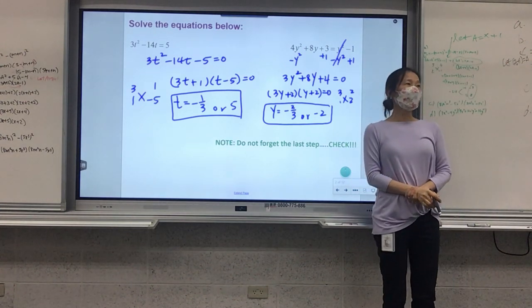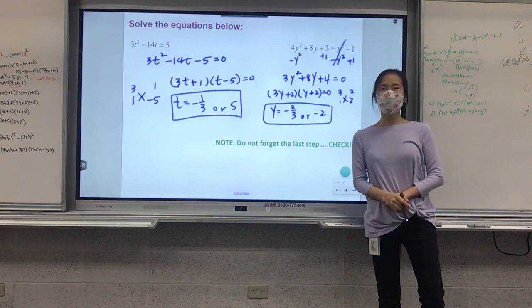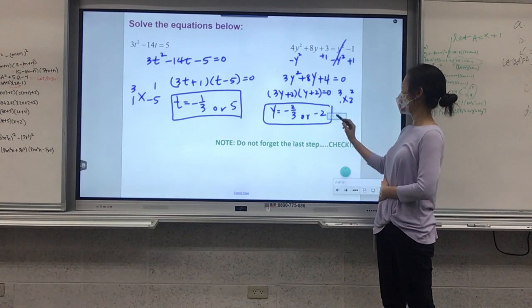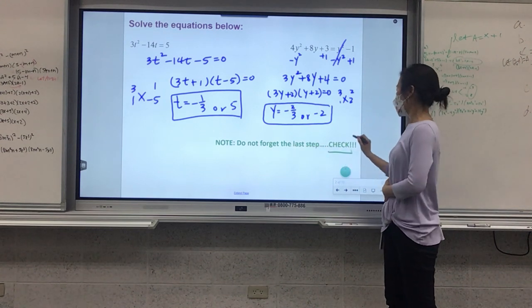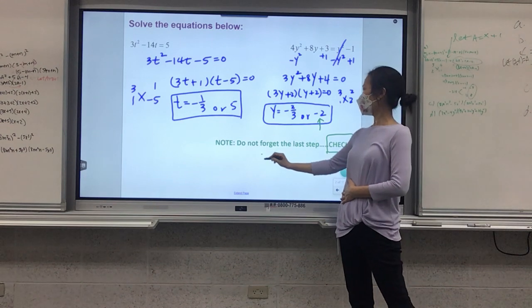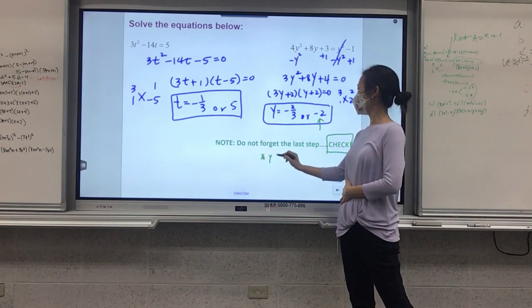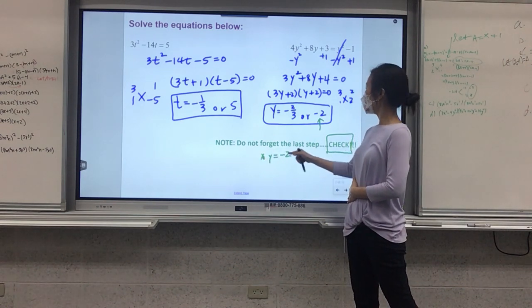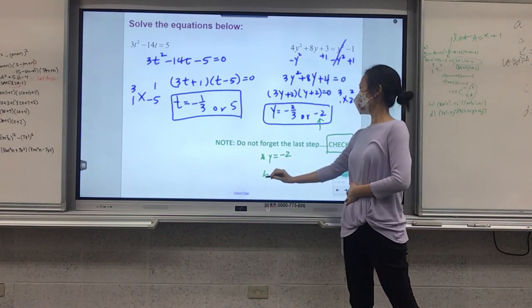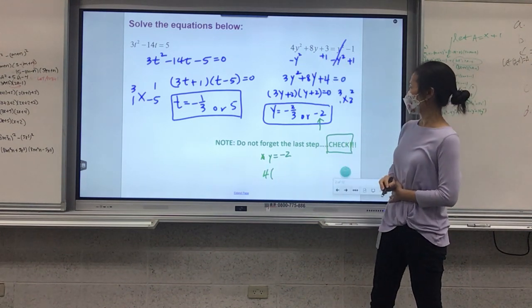So if you have extra time after you do the assessment, you can check if your answer is correct or not. How do we check if this is the correct answer? We can say, if y equals negative 2, substitute into the original equation. See if that's true.